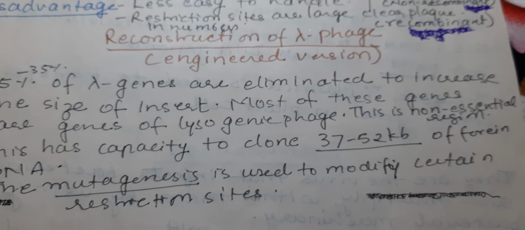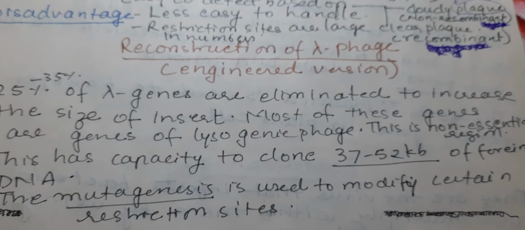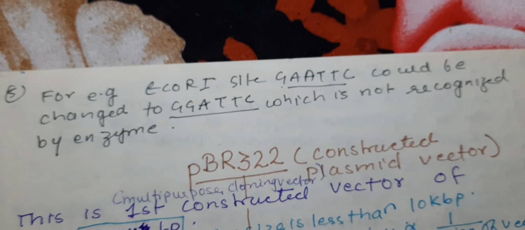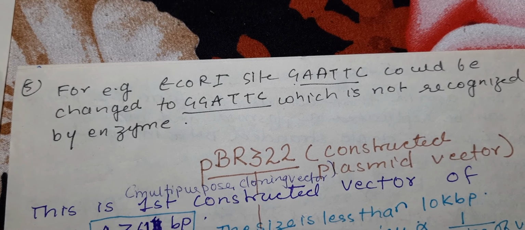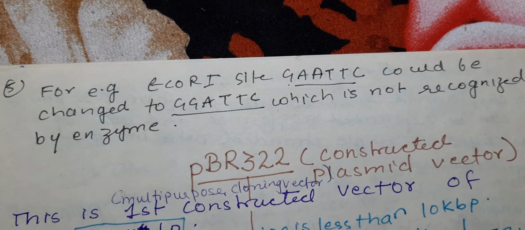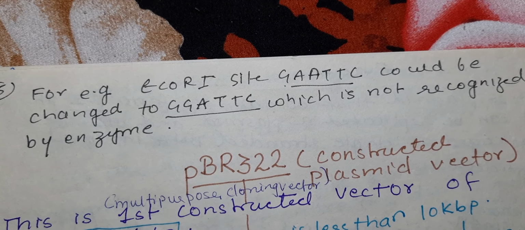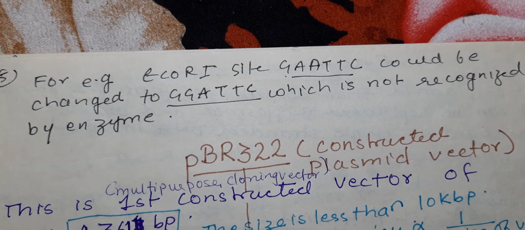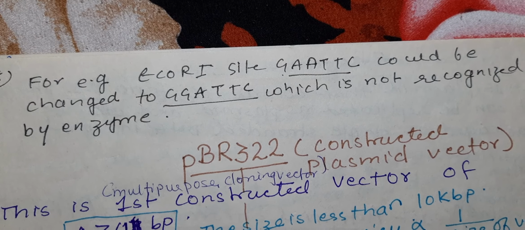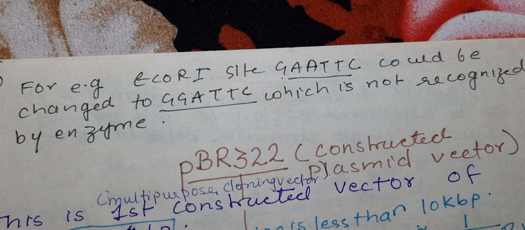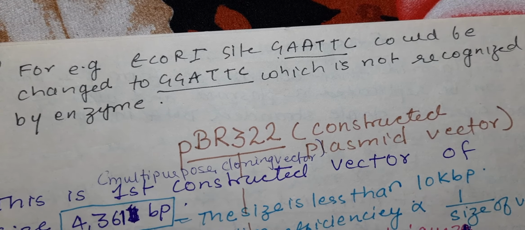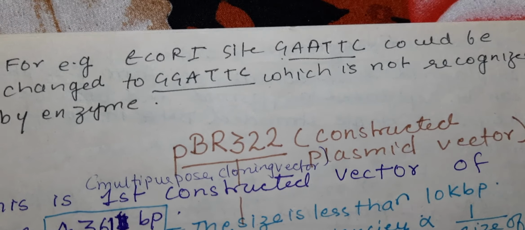Mutagenesis is used to modify certain restriction sites, for example, the EcoRI site is GAATTC. That could be changed to GGATTC by a mutagenic agent, and now this is not recognized by the enzyme. So you can block certain restriction endonuclease sites so that the DNA is not fragmented by the restriction endonuclease.